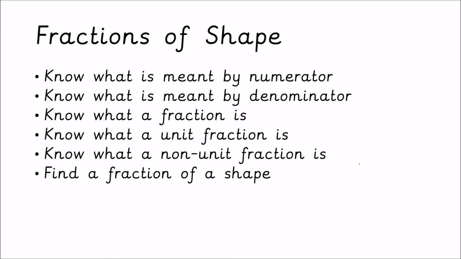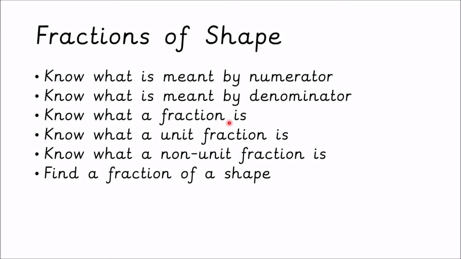So we should now know that the numerator is the number at the top of the fraction. The denominator is the bottom number in the fraction. The numerator tells you how many pieces of a shape or a quantity you have, how many equal pieces I should say, and the denominator will tell you how many equal pieces that shape or quantity has been divided into.